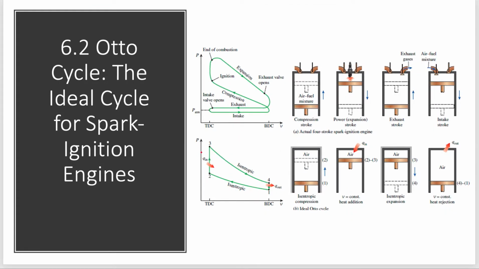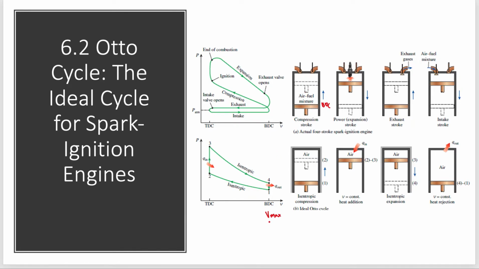Okay, next we go to the PV diagram and the schematic diagram of the piston cylinder devices. If you can see here, we start at the BDC, which is V maximum, which means we start with the isentropic compression or compression stroke, where the piston is at BDC, V maximum. V maximum is the displacement volume.